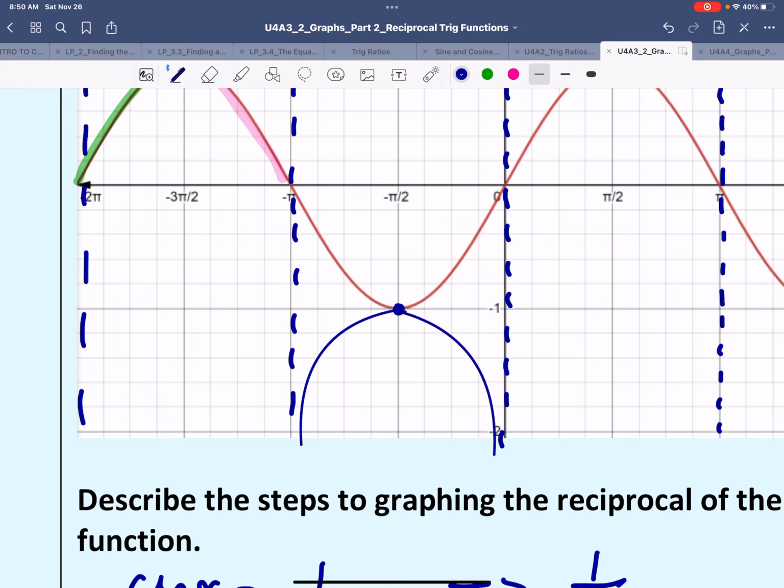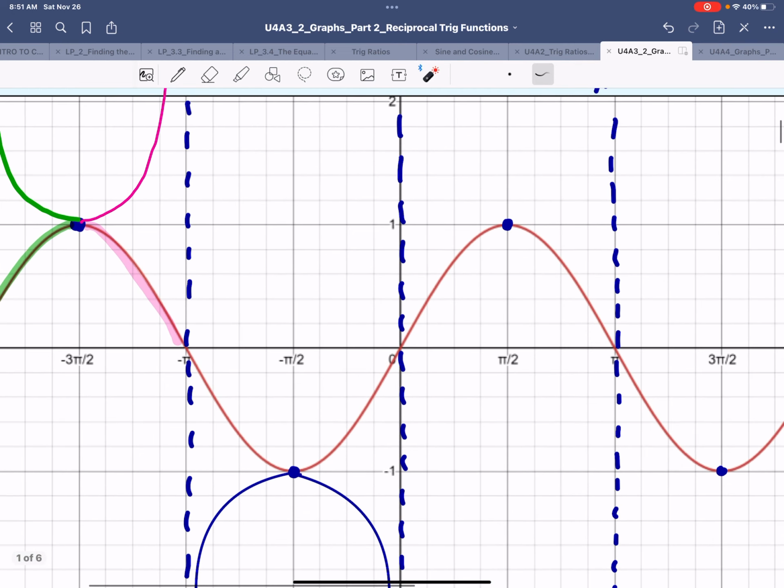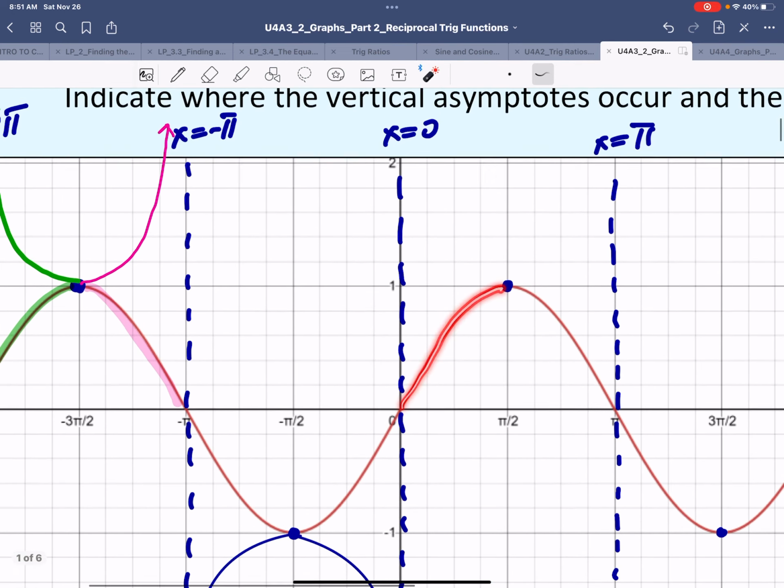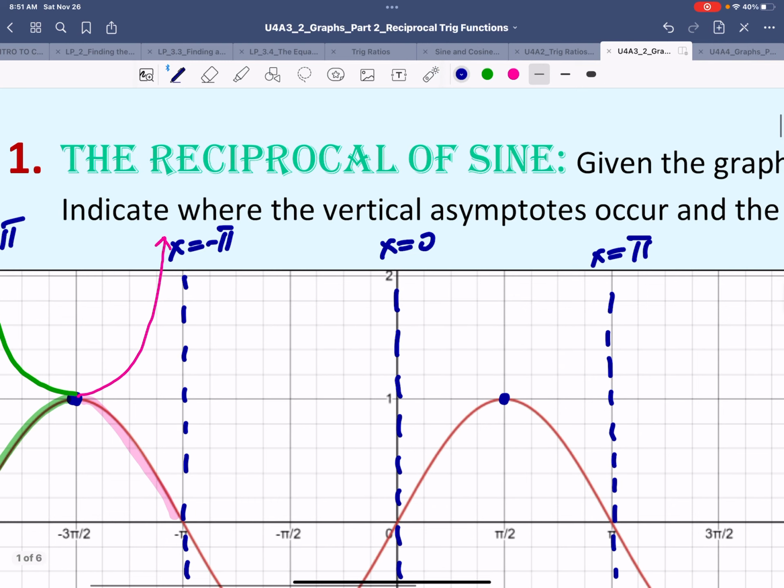As you can see here, we follow the same idea. So this is going to be an increasing interval for sine, which means reciprocal is decreasing. Increasing sine means decreasing reciprocal. Decreasing sine means increasing reciprocal.